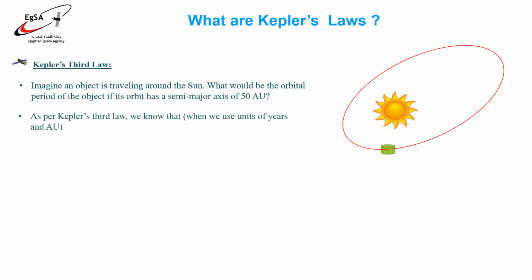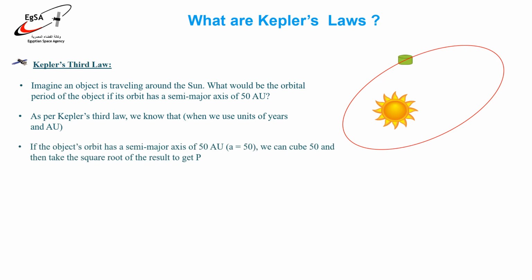As per Kepler's third law, when we use units of years and AU, if the object's orbit has a semi-major axis of 50 AU, a equals 50, we can cube 50 and then take the square root of the result to get P. P equals the square root of a cubed, so P equals 353.6 years. Therefore, the orbital period of the object is about 350 years.